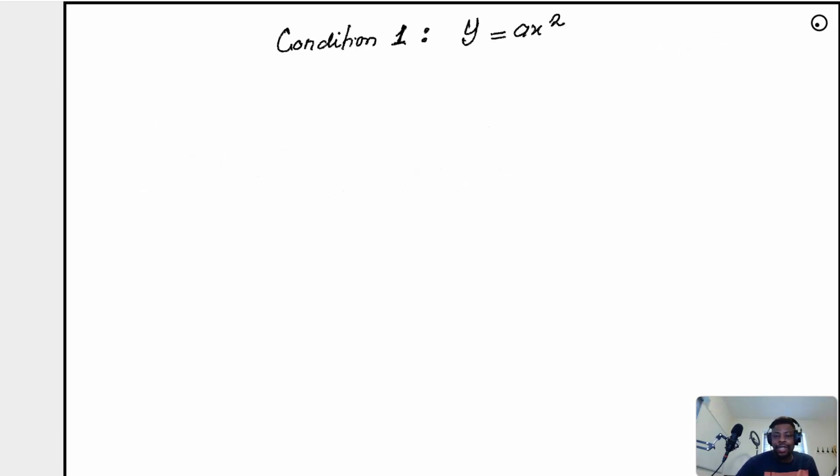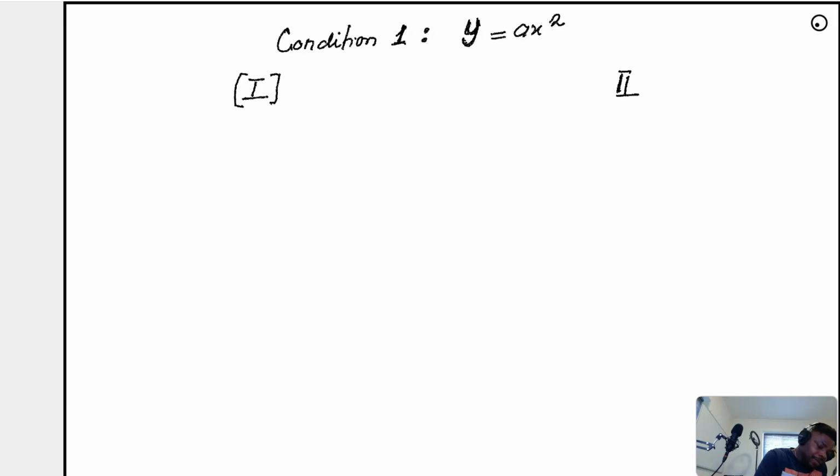Now let's take condition 1. Condition 1 is when the function is equal to ax squared. Now, this condition can be in two ways.